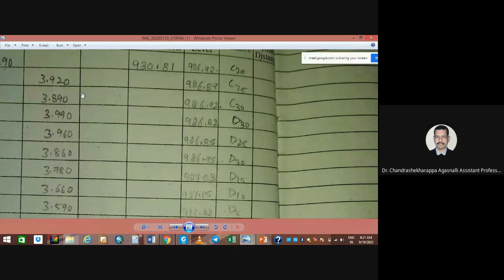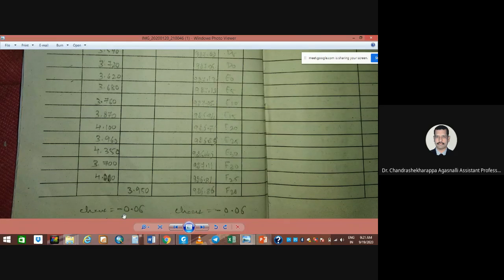You can keep it as C20, C25, or it may be A20, A25, like that. That is up to you. When you calculate this, 930 minus this, 930 minus this, you will get these values.